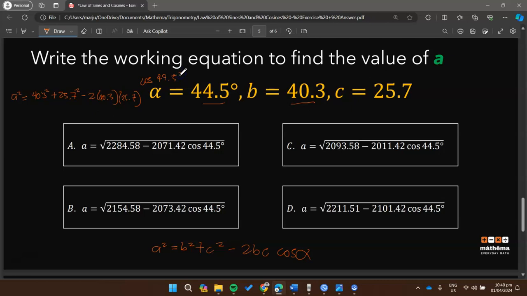So where can we find that? Actually, the answers are simplified, so we are going to solve for that one.